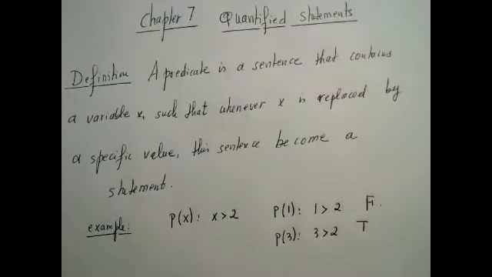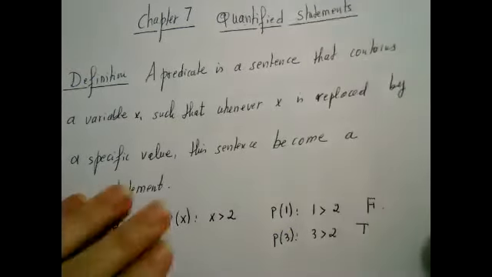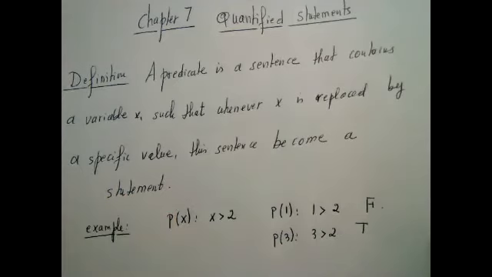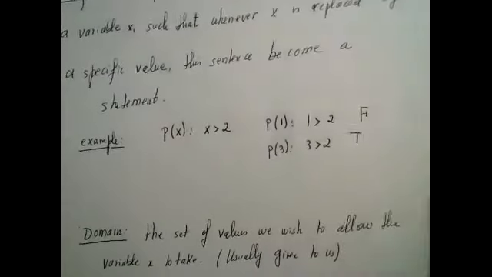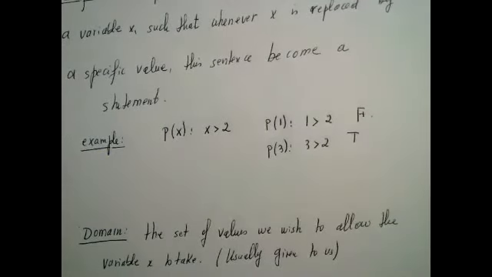Now, whenever we have a predicate, since there is a variable, I have to tell you usually where this variable takes its value. So we will talk about the domain of a predicate.